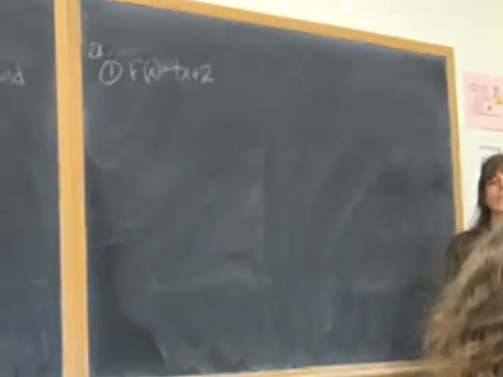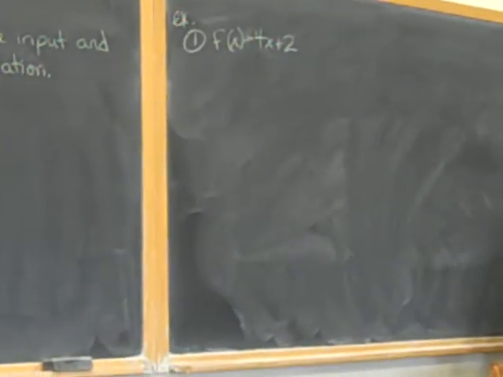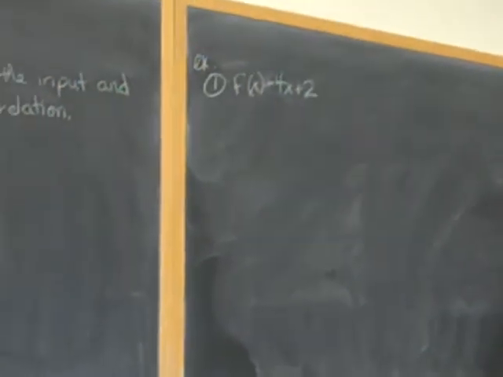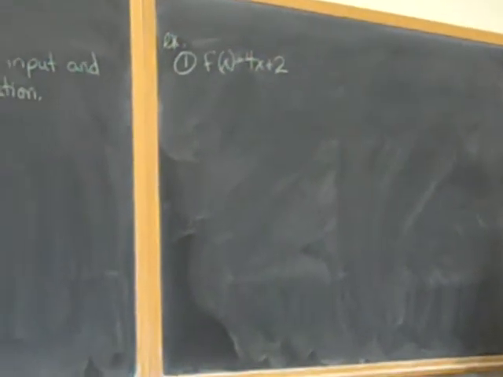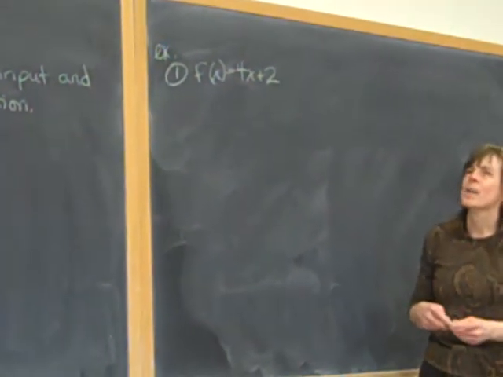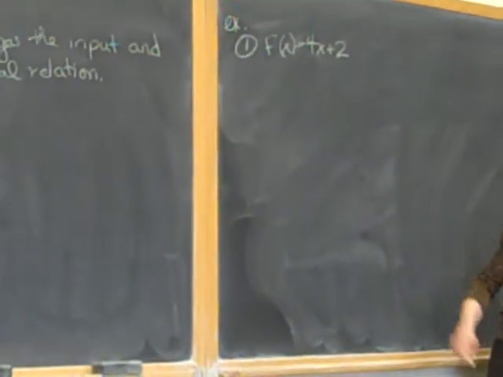It doesn't have an x squared, so it's not a parabola. What's its form? mx plus b. Slope-intercept form, it's a graph of a straight line. So this is a graph of a line.